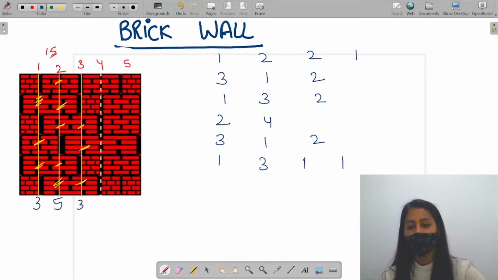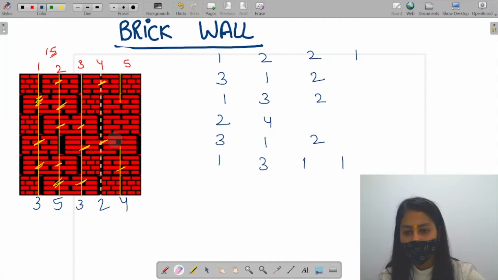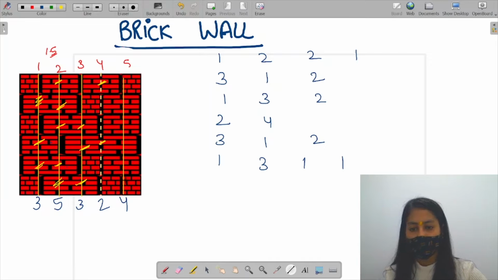So total is 3. At line number 4, total number of brick rows are 1 and 2. So there are 2 brick rows, right? Let's now draw a vertical line at point 5. So the total number of brick rows here are 1, 2, 3 and 4, right? So total number of brick rows are 4.